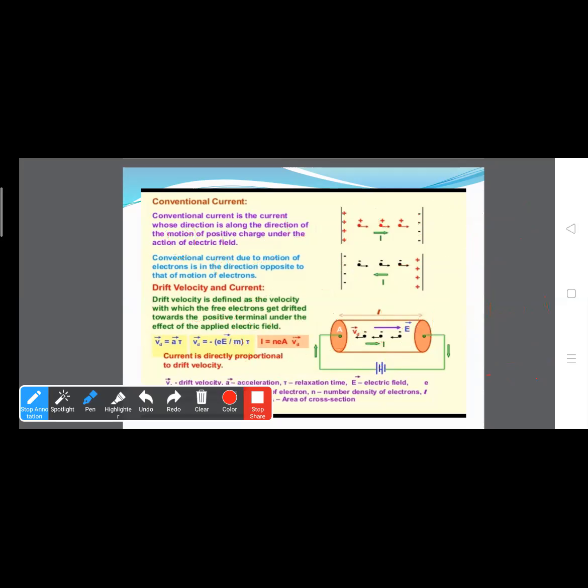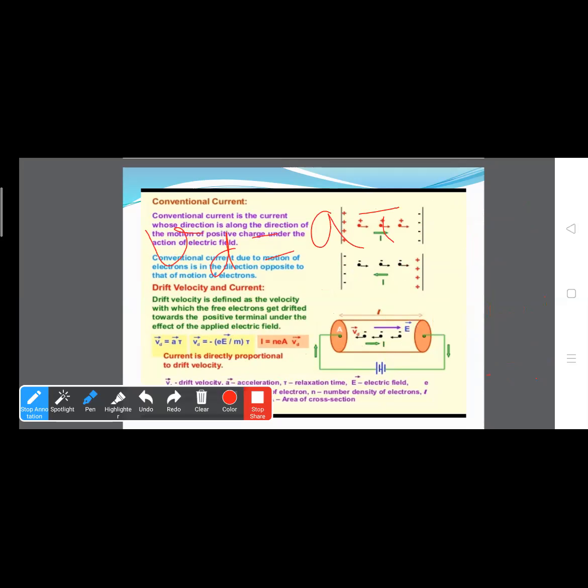Clear? And (t1 plus t2 plus up to tn) upon n is the average relaxation time, which is given by tau. So we can write this equation as Vd equal to a tau.